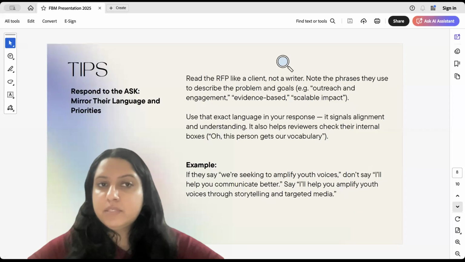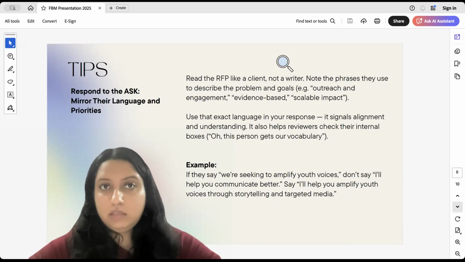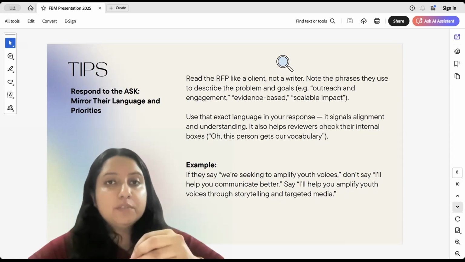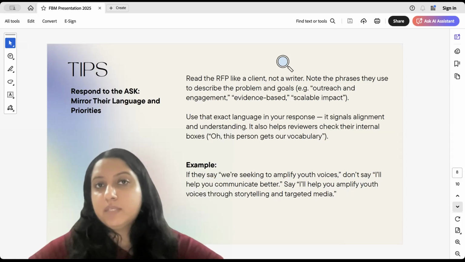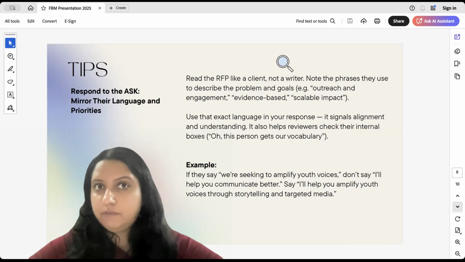A couple of my tips when you're looking at RFPs. I've already mentioned this, but it merits reinforcement. When you are reading an RFP, I want you to look at the phrases they have used in the RFP and use those phrases in your proposal as well, because that shows a sense of alignment with what they are asking for.